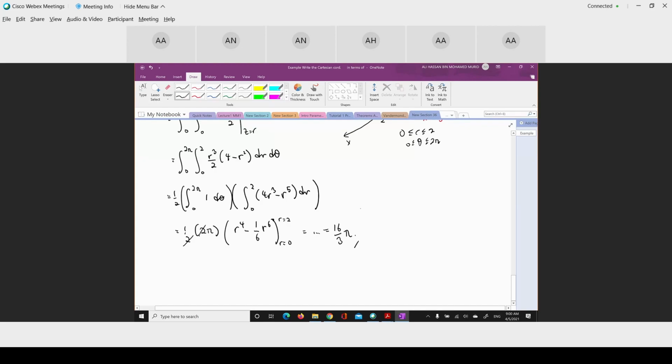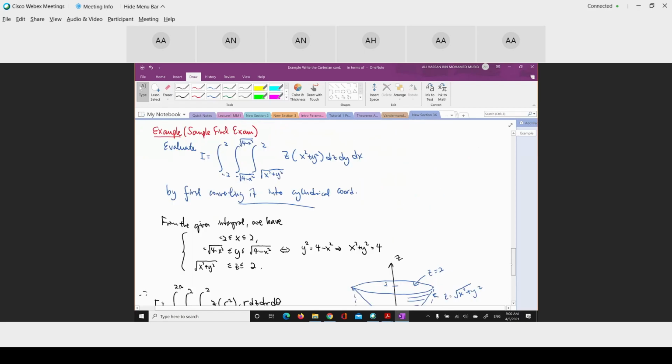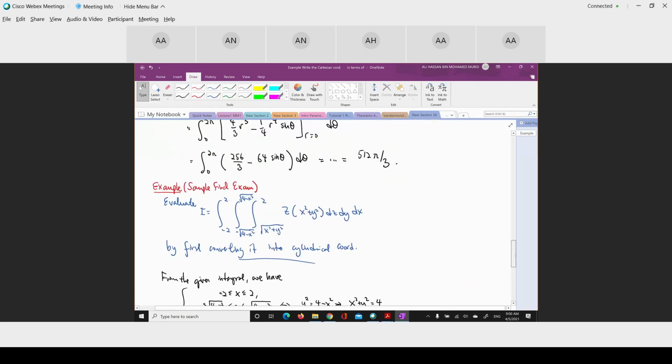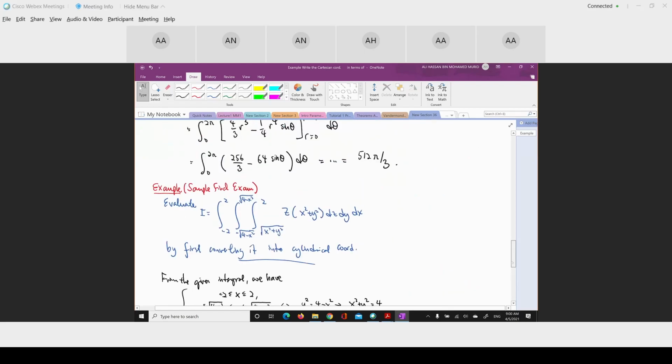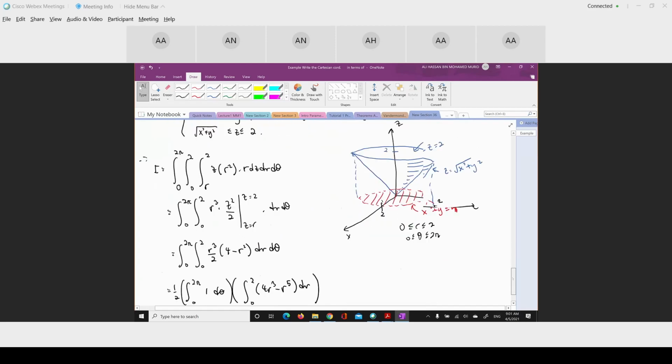So here's another example of evaluation of a triple integral by expressing it first in cylindrical coordinates. Any question?